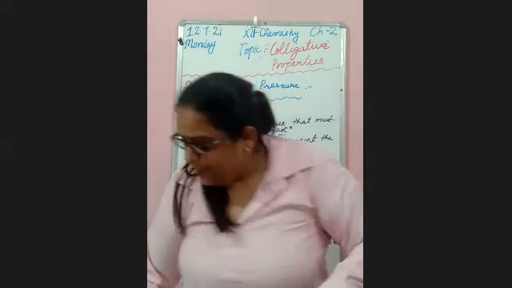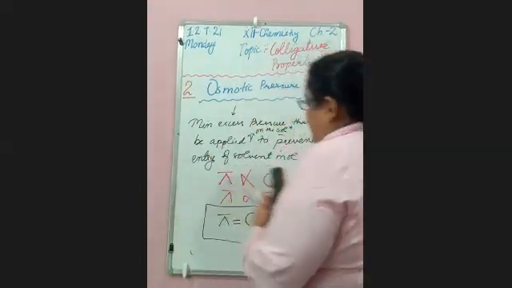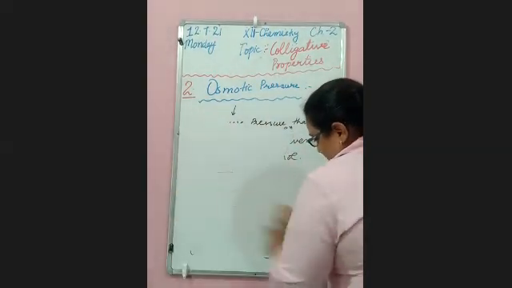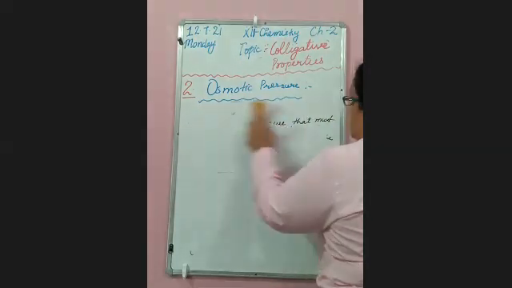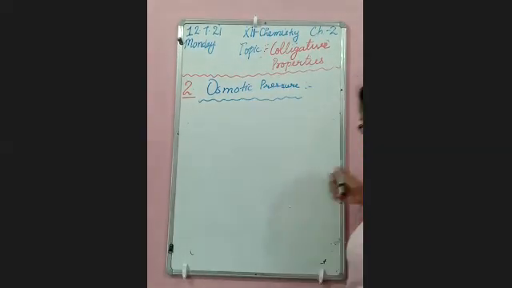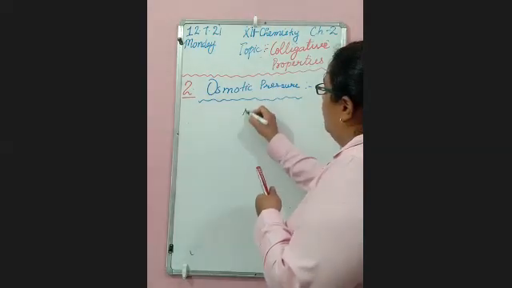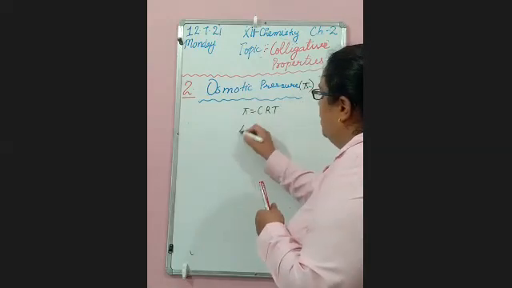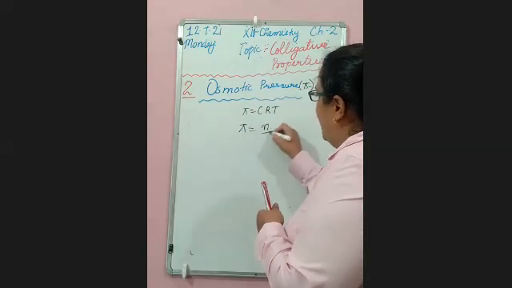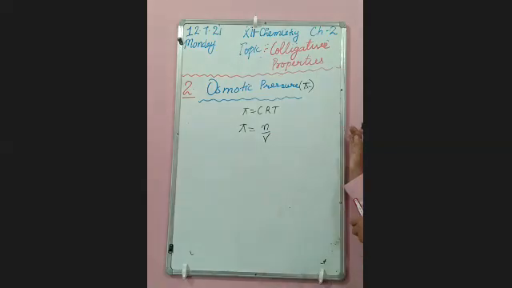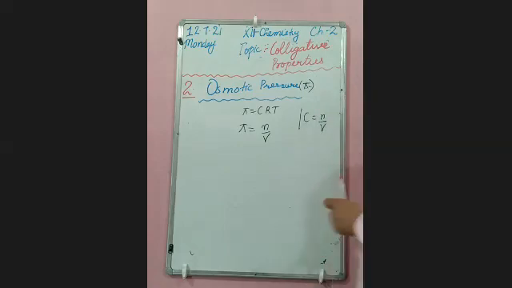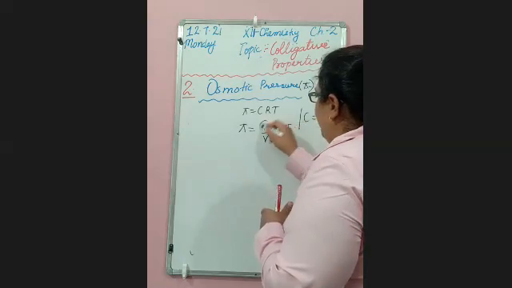Now, how can you say that it is a colligative property? We can write osmotic pressure, pi, is equal to CRT. And C can be n by V, concentration is equal to number of moles, or molarity, into R into T. What is number of moles?